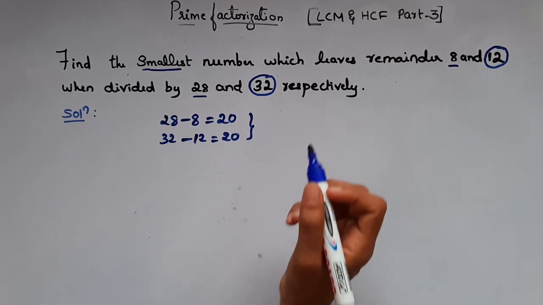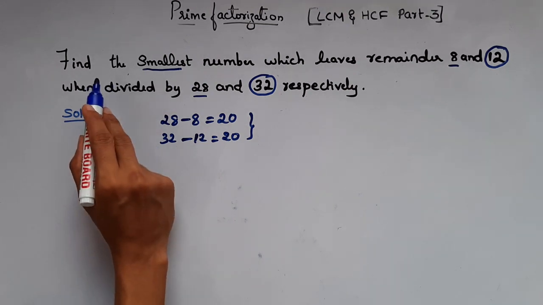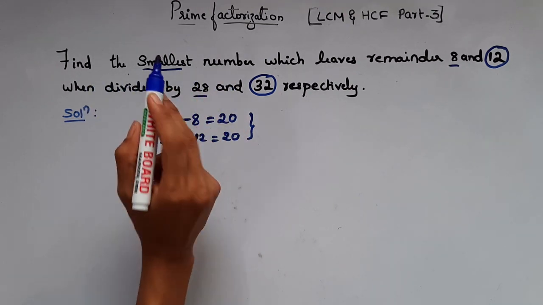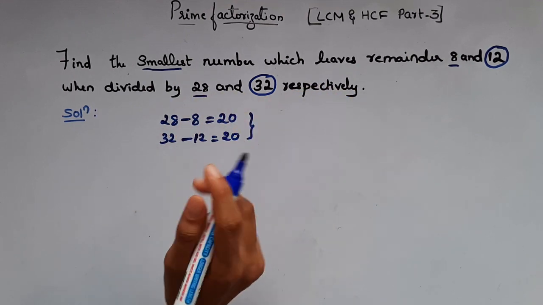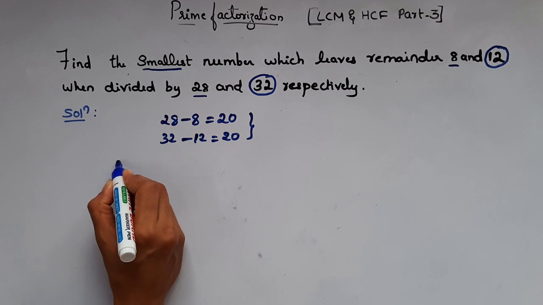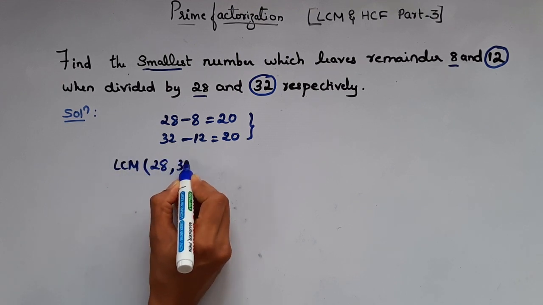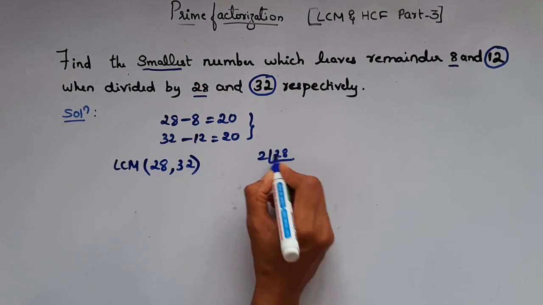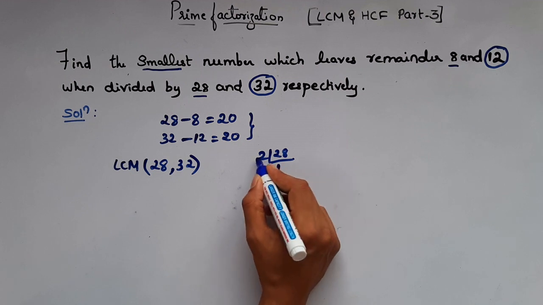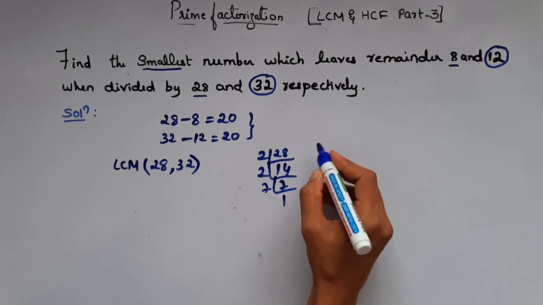I will show you both the methods. First, let's see the shorter method. Find the smallest number. So first you have to find the LCM of these two numbers, that is 28 and 32. By prime factorization: 28, 2 1s are 2, 2 4s are 8, 2 7s are 14, 7 1s are 7.